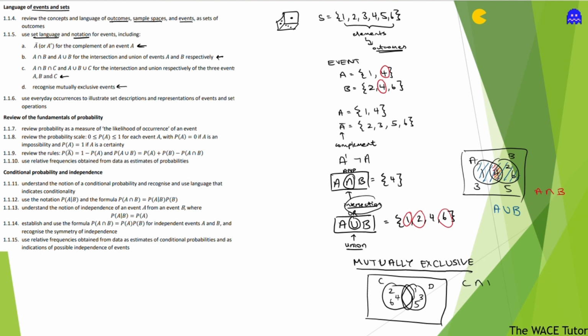The number contained within C and D is equal to 0, and the event C and D is the null set. If we were to represent this more properly on a Venn diagram, we would represent this in this way. This is what the Venn diagram of mutually exclusive events looks like.